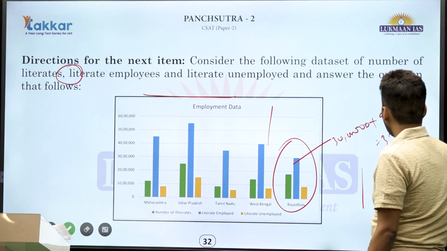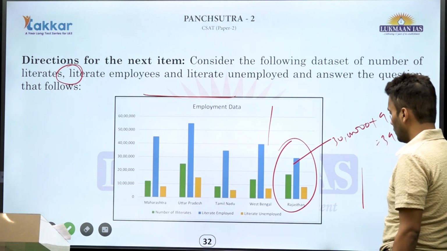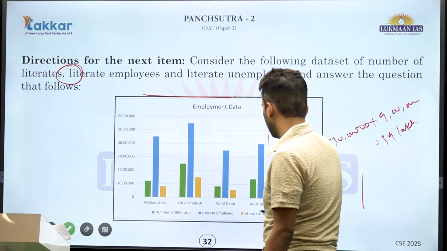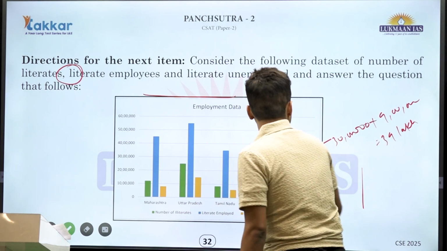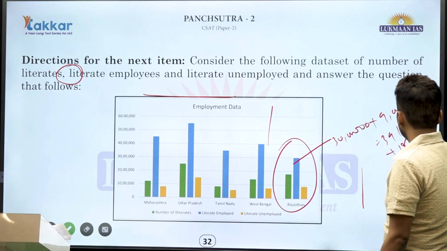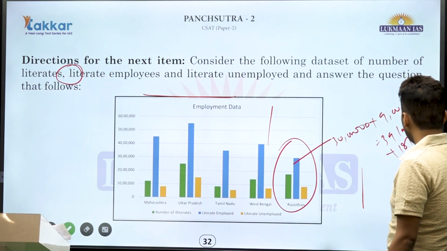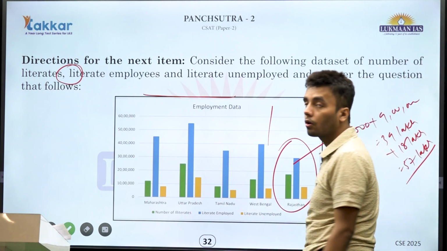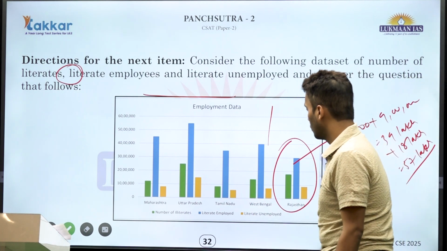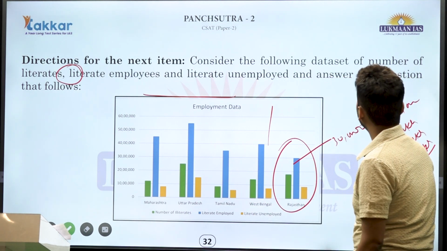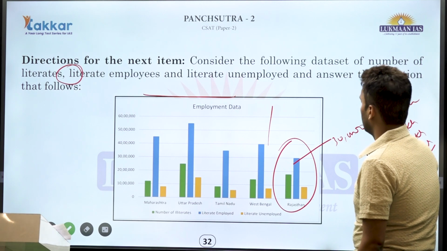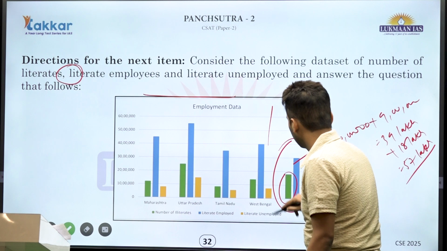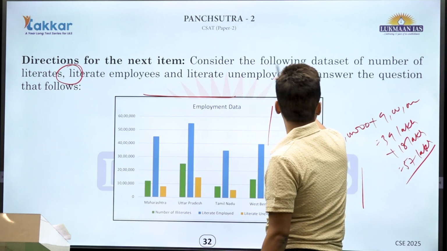So it is 39 lakhs total literate population, plus the number of illiterates, that is 18 lakh. That is 57 lakh population of Rajasthan according to this graph. So let's see, 18 lakh. Okay, so 20%.